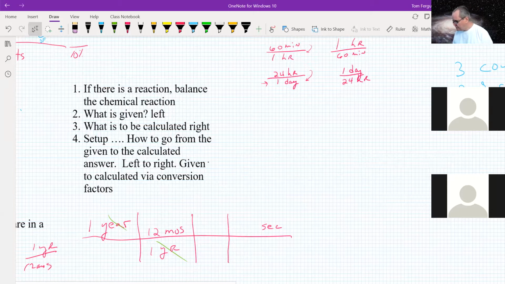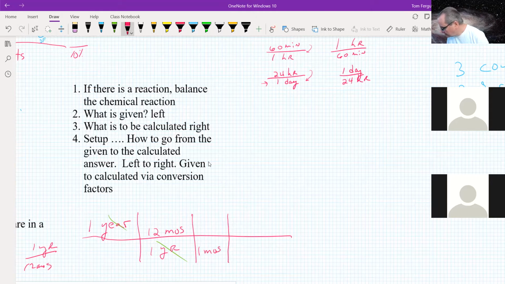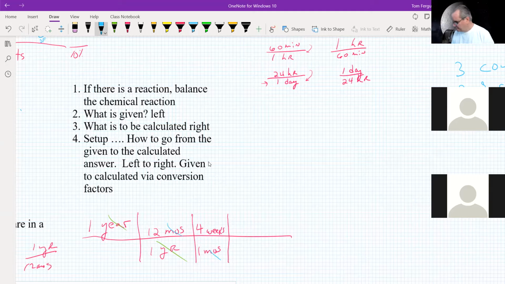Okay, let's do, I don't know, since this is a non-leap year, let's just say there are 4 weeks per month. And again, notice the months have to cancel. So now we have weeks.